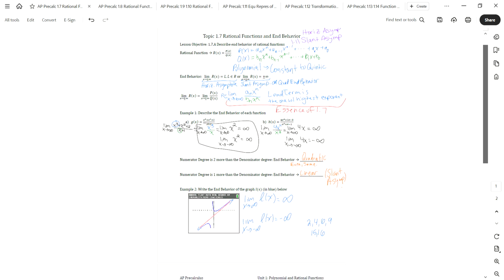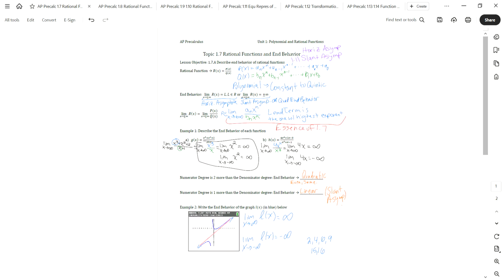If end behavior showed up anywhere on the free response, which one do you think it would show up in? I see a 3, which is periodic context. I see some 2s. It is 1.